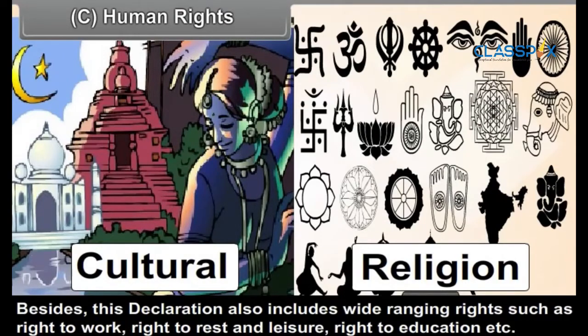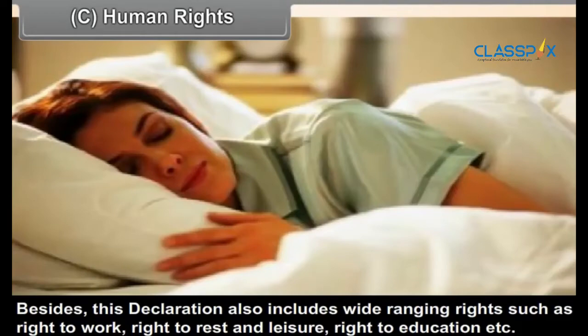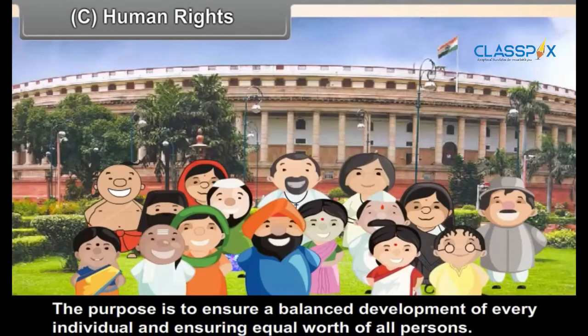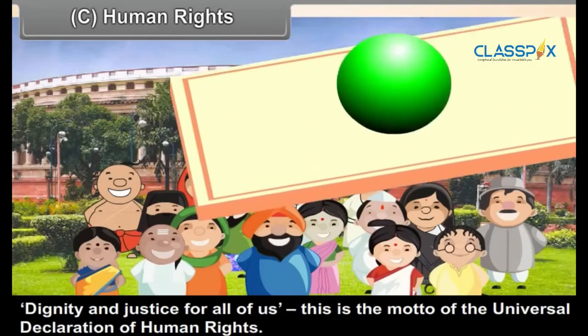Besides this, the Declaration also includes wide-ranging rights such as right to work, right to rest and leisure, right to education, etc. The purpose is to ensure a balanced development of every individual and ensuring equal worth of all persons. Dignity and justice for all of us, this is the motto of the Universal Declaration of Human Rights.